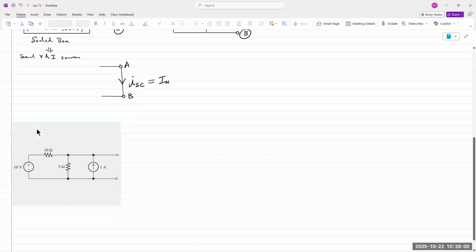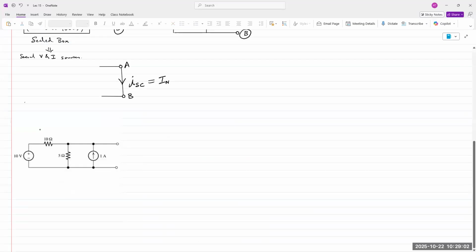Okay. So you asked a question about this problem. It asks us to find the Thevenin voltage, the Thevenin resistance, and Norton current for the circuit. Yes, all three quantities. Okay. So it is asking us to find VTH, Norton current, and RTH.